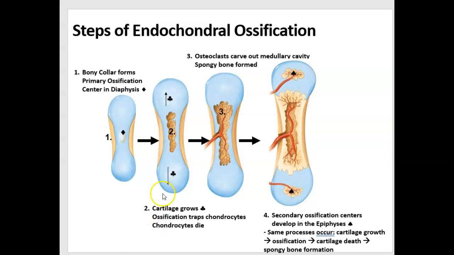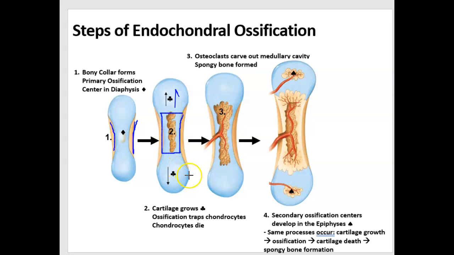So overall what we saw was in endochondral ossification, we have a cartilage model, a hyaline cartilage model, and a bony collar forms by osteoblasts. That cuts off nutrients in the center of this cartilage model, which is growing at the same time.